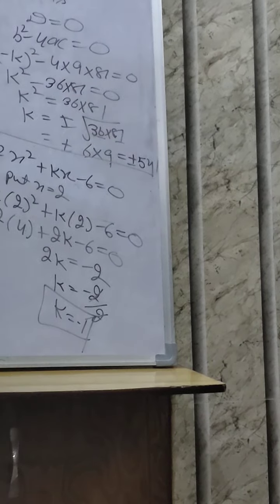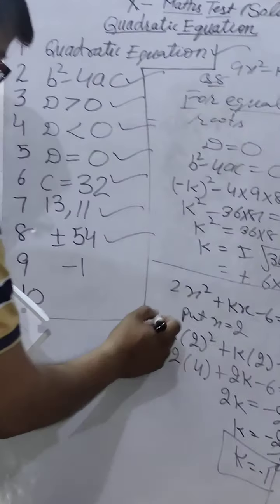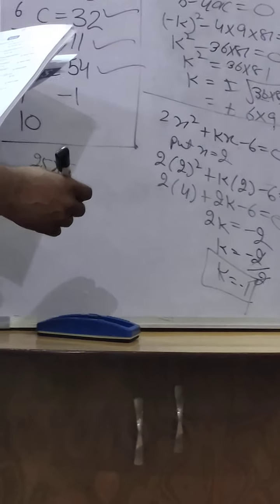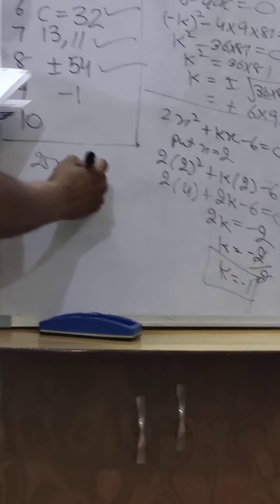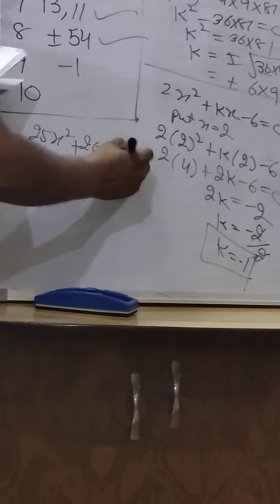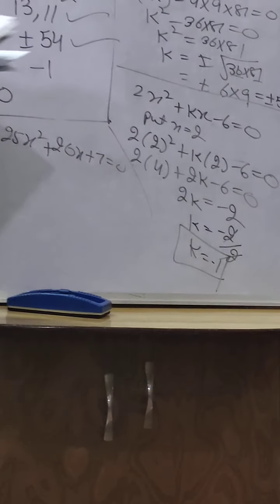Now, 10th question. The roots of the quadratic equation 25x square plus 20x plus 7 is equal to 0. What is he asking? He is asking about roots: real, imaginary, real and distinct.